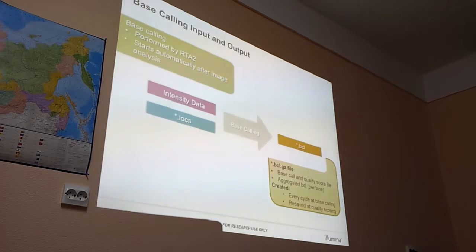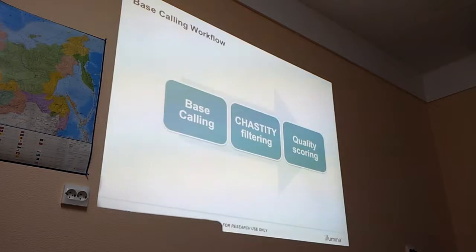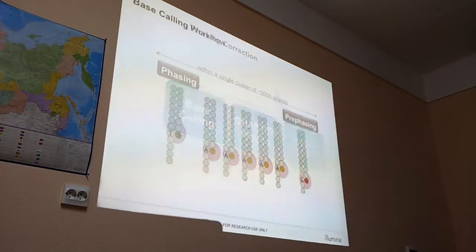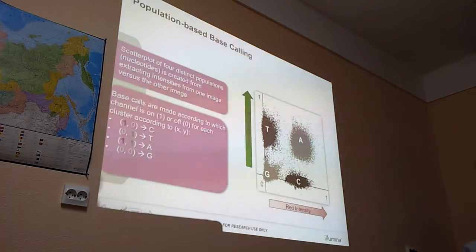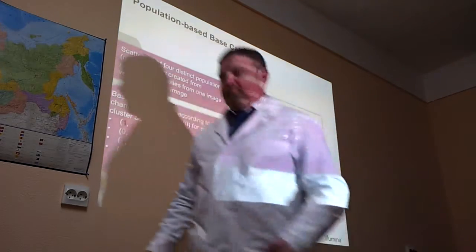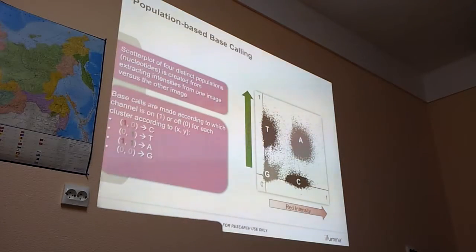And the base calling, so we take the intensity data and the cluster location. Output is BCL, which is a binary format. And then we do also the correction for phasing, pre-phasing, and the chastity filtering.